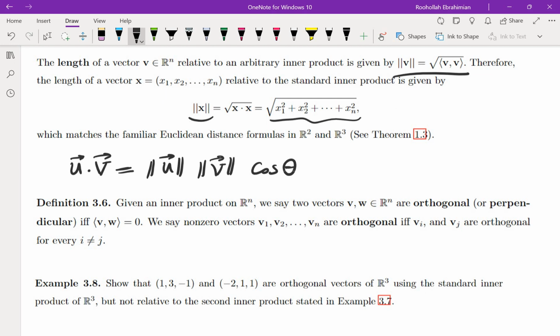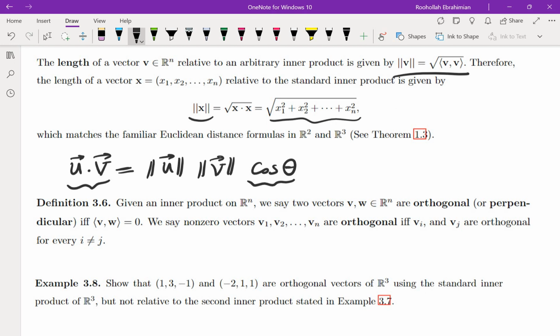When the two vectors are orthogonal or perpendicular to each other, the angle is pi over 2, and cosine of pi over 2 is 0, which means the dot product is 0. That motivates us to define this notion of orthogonality, or perpendicularness, in general.